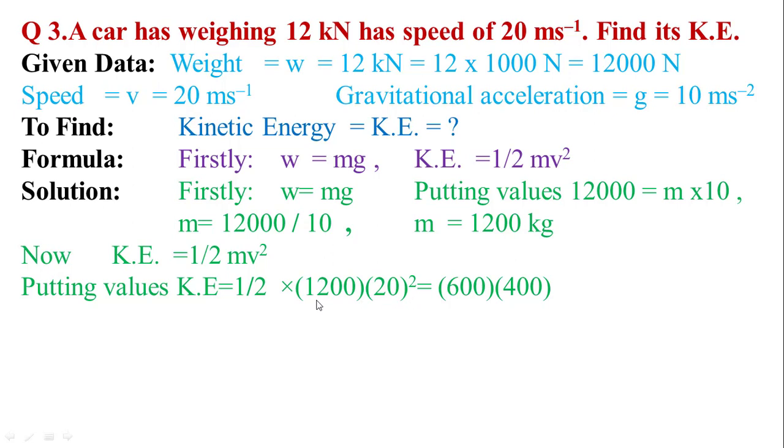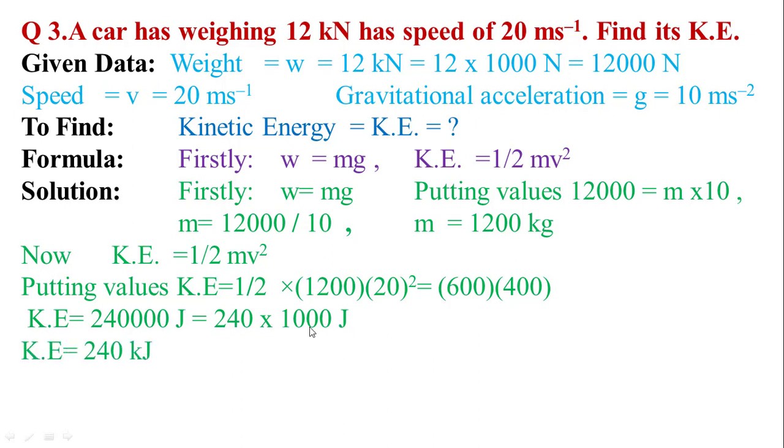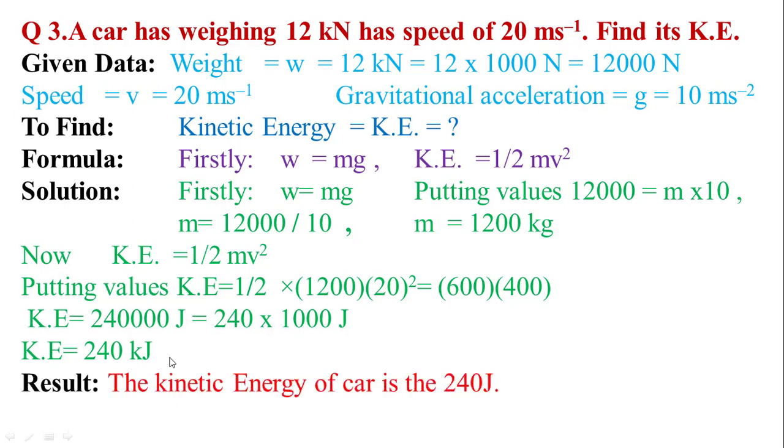So 2000 divided by 2 is equal to 1000, multiplied by 20 square which is 400. 1000 multiplied by 400 is equal to 400,000 joule. Converting into prefixes, 400 multiplied by 10 raised to power 3, and 10 raised to power 3 is equal to kilo. So 400 kilojoule. Result: the kinetic energy of the car is 400 kilojoule.